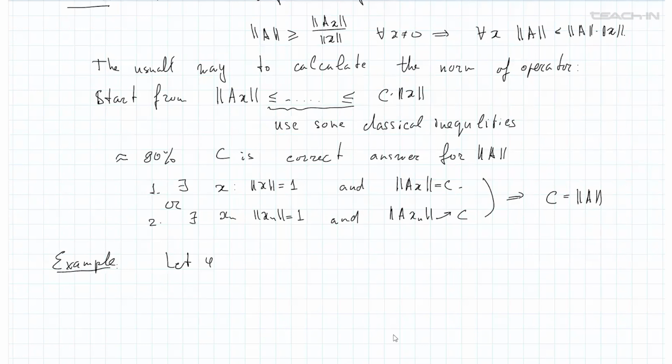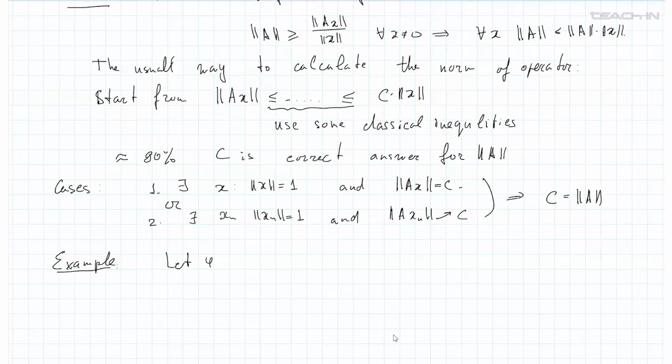Excuse me, what is the difference between condition 1 and 2? It is not conditions, it is steps which we need to show that c is the real norm. The first case is just a case where the norm can be a maximum.